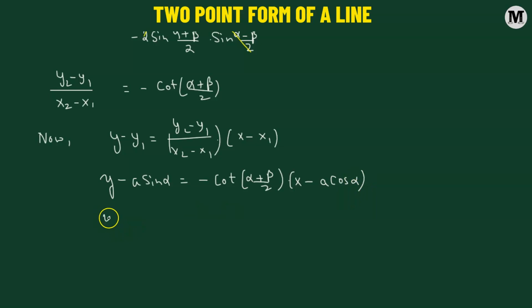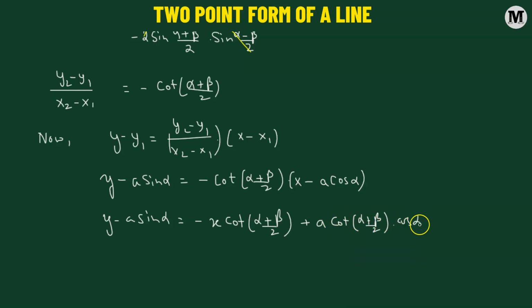Fine. So we get y minus a sine alpha equals negative x times cotangent of alpha plus beta over 2, plus a times cotangent of alpha plus beta over 2 times cosine alpha.